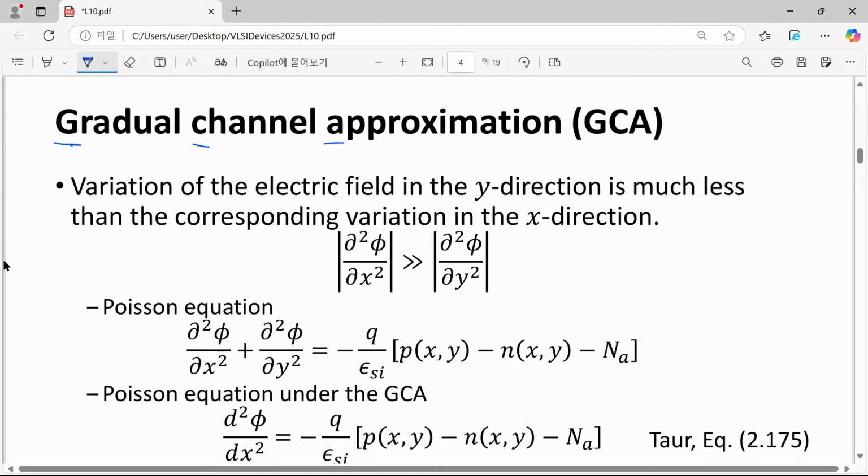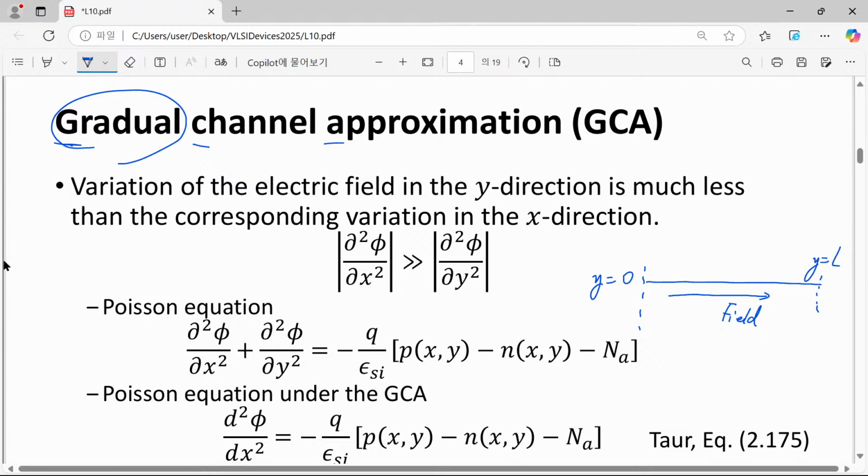What is the gradual channel approximation? Here we have y equal to 0 and y equal to L. This is the drain end and this is the source end. When you say gradual, it means that along this y direction, the electric field is not that strong.